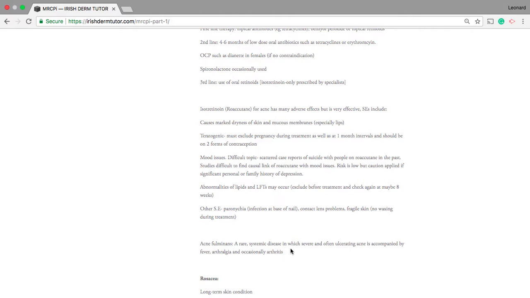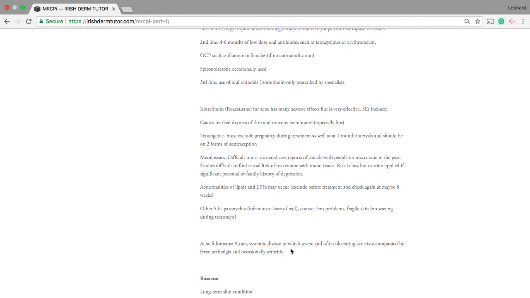However, caution is always applied, and we always ask about a personal or family history of severe depression. If they do have any severe depression in their personal or family history, we might consider referring them to a psychiatrist before starting treatment.